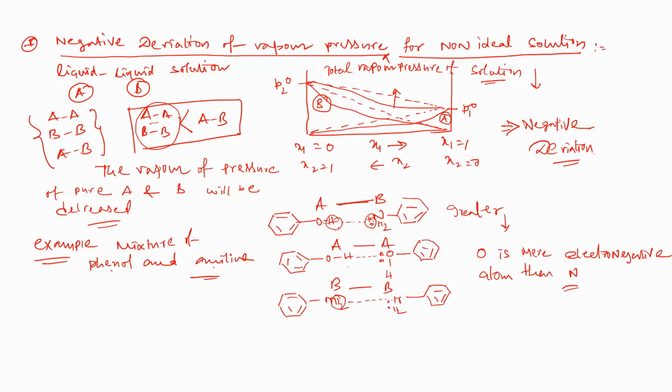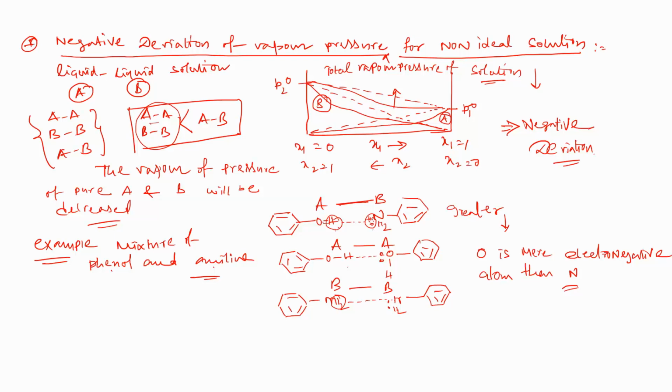That's why this type of deviation is called the negative deviation. So we know about the non-ideal solution. For the non-ideal solution, there are basically two criteria. The solution does not follow Raoult's law. When a solution does not follow Raoult's law, that means there will be loss of vapor pressure or gain of vapor pressure. When the vapor pressure increases, it is a positive deviation.